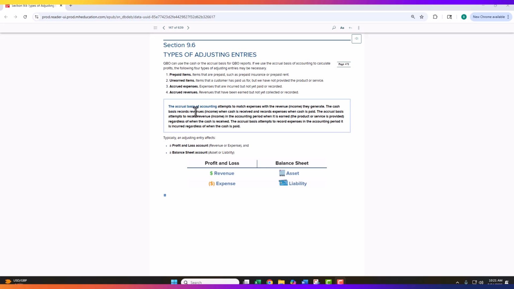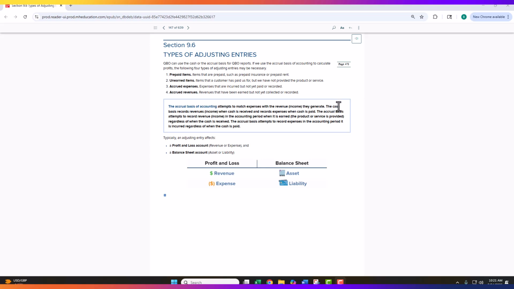The text briefly mentions the concept of the accrual basis of accounting. The accrual basis of accounting records revenues when they've been earned and expenses when the asset or service has been used. When publicly traded companies produce financial statements, they are required to prepare those statements using the accrual basis of accounting.